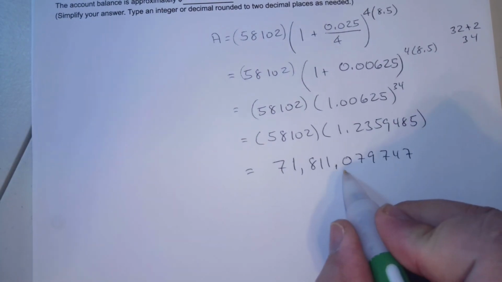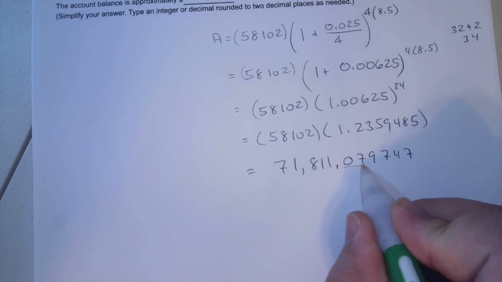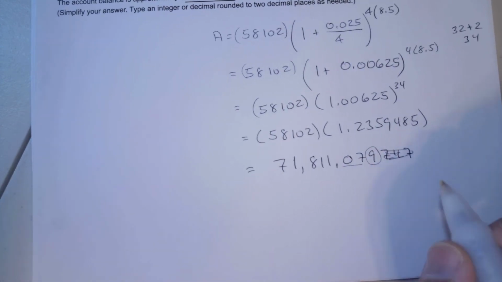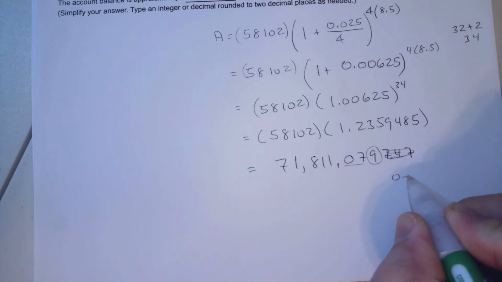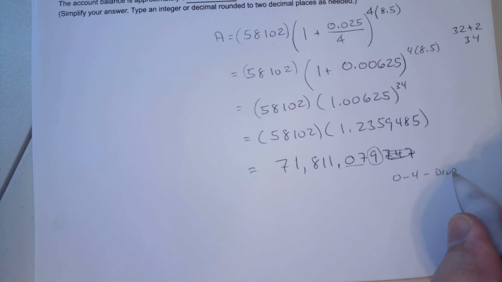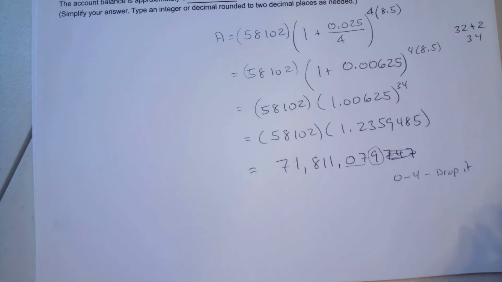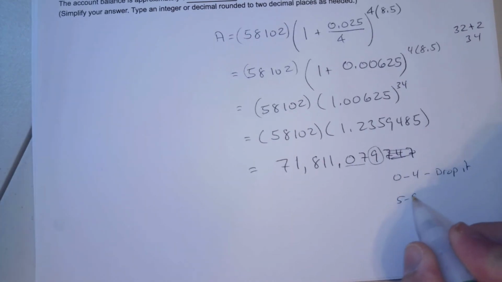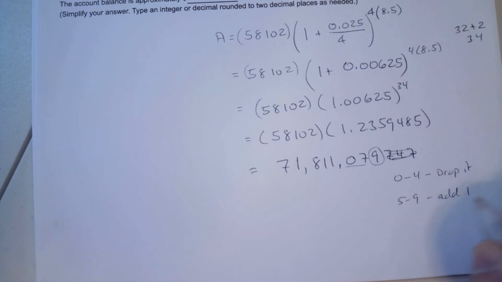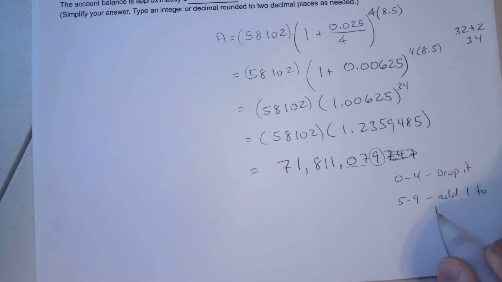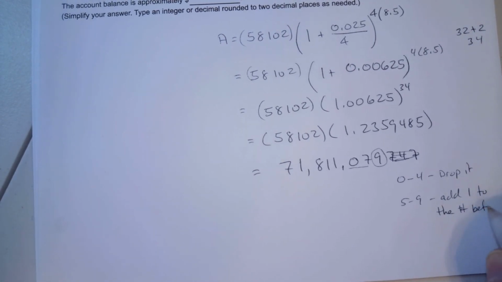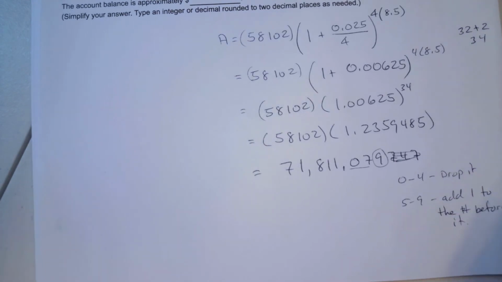So, since in money we can only round it to 2 decimal places, we look at this one. Forget the rest. If it's between 0 and 4, drop all these numbers. If it's between 5 and 9, I add 1 to the number before it.